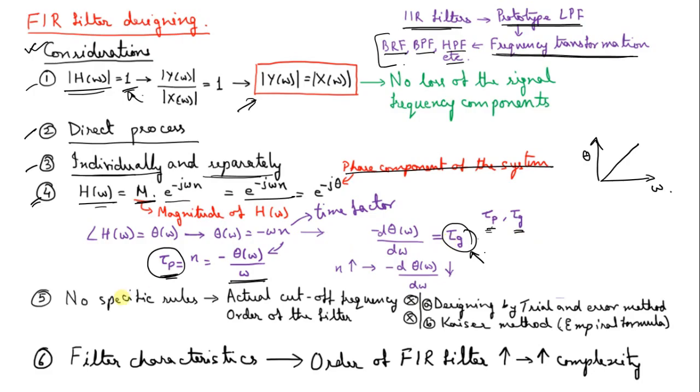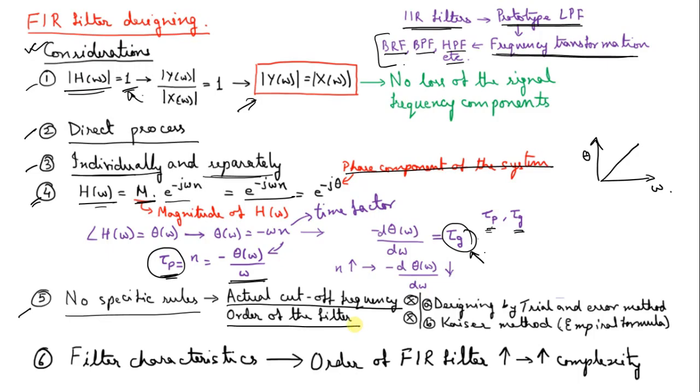Next is, for designing FIR filters, there are no specific rules. So we cannot design a FIR filter with an actual cutoff frequency. And in most of the cases, except the Kaiser window method, we will also not know what the order of the filter is.